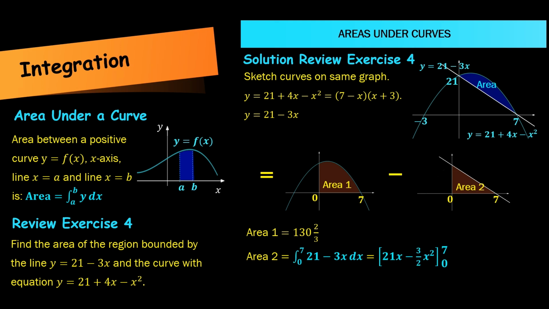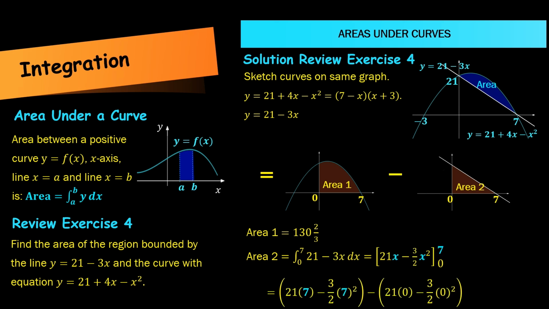So 21 integrates to 21x, minus 3x integrates to minus 3 over 2 x squared. And plugging in x equals 7 into the integrated expression, and then taking away the integrated expression with x equals 0 substituted in, gives us 73.5.